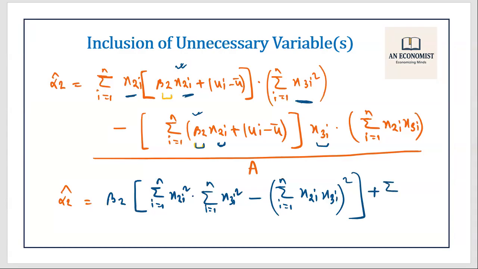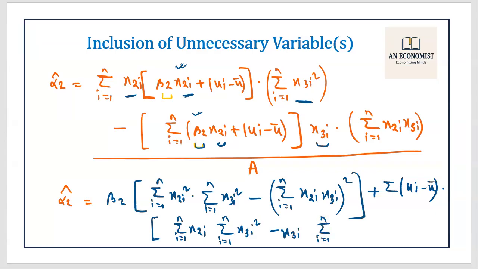Plus, if you take summation ui minus u bar common, then what will you be left with? You will be left with summation i from 1 to n x2i, and then you have summation i from 1 to n x3i square minus x3i summation i from 1 to n x2i x3i, and the denominator remains as it is, which is simply a.